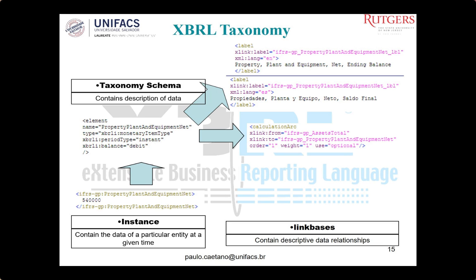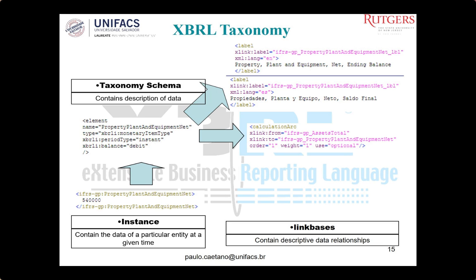So when my application presents data for a human reader, if I want to present in English, I use this label. If I present in Spanish, I use this other label.